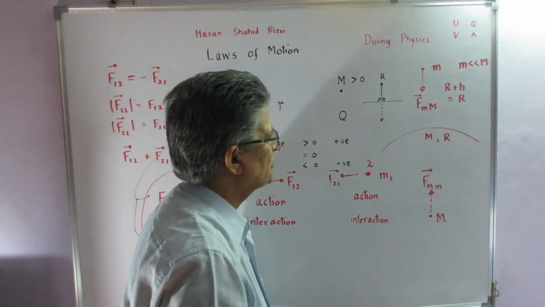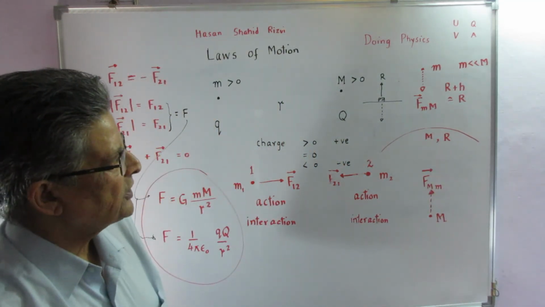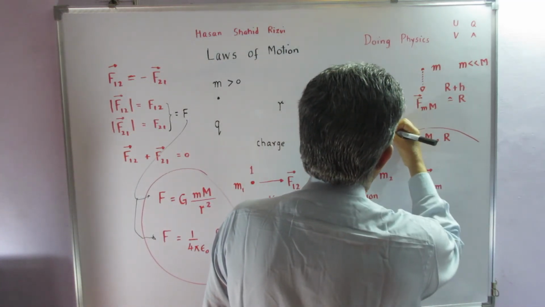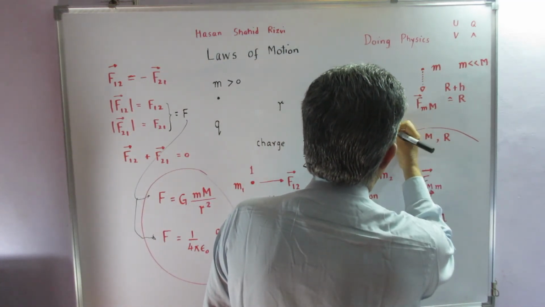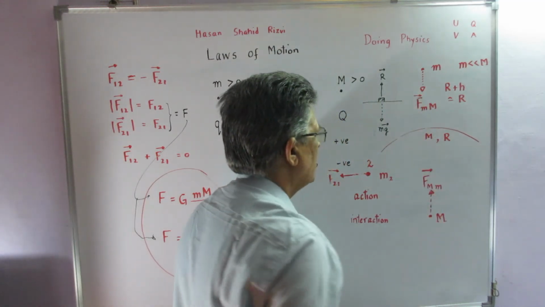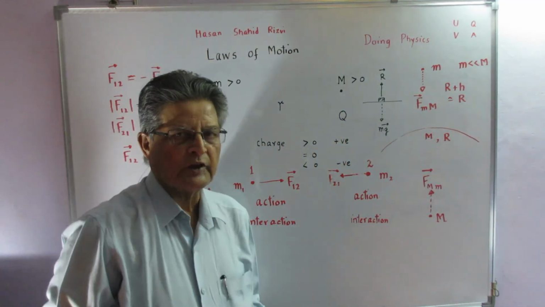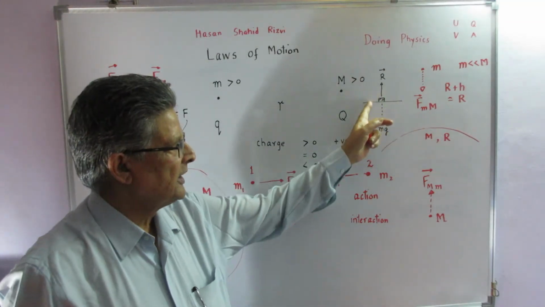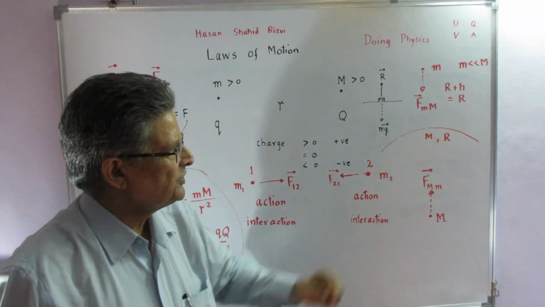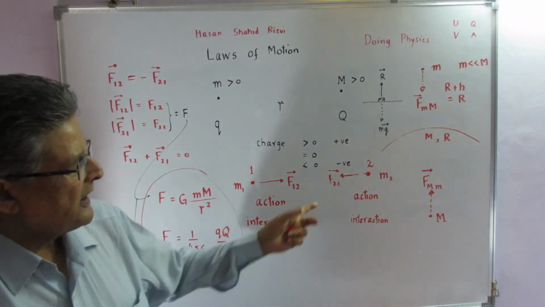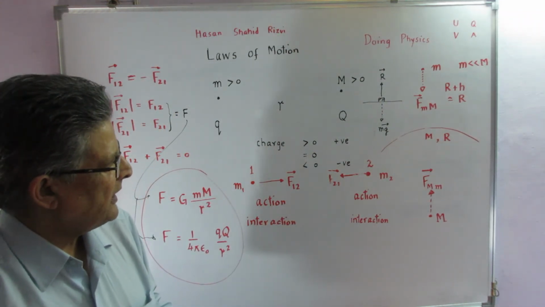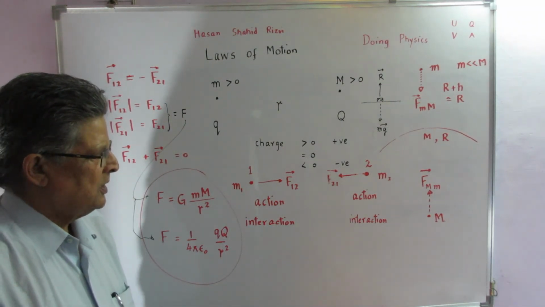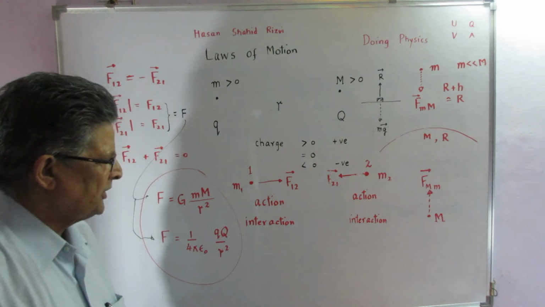That pair of forces, the reaction force in the upward direction and mg in the downward direction, were acting on the same body. So the net force acting on this body, as we see in the condition of rest, is equal to 0.